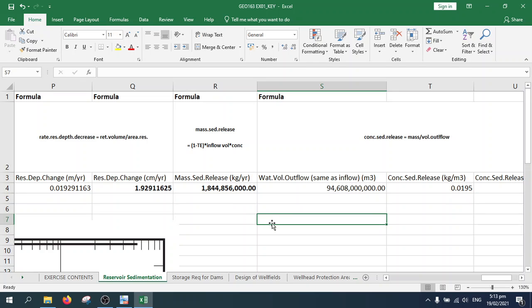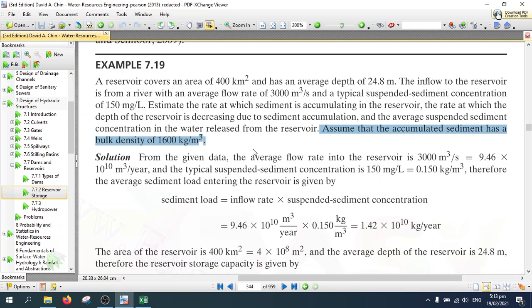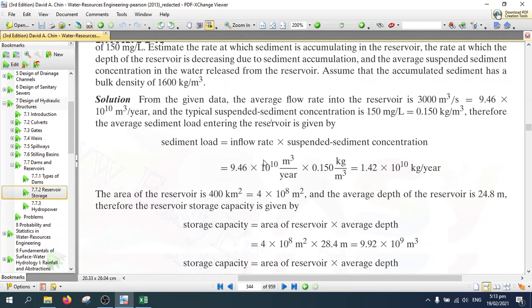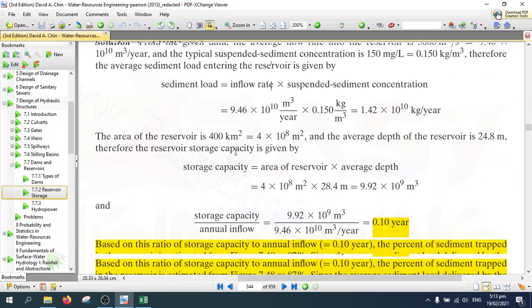All right. Now the last question is actually the easiest, which is the concentration of sediment being released. Now note the problem here also had an assumption.